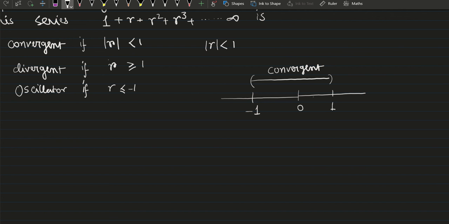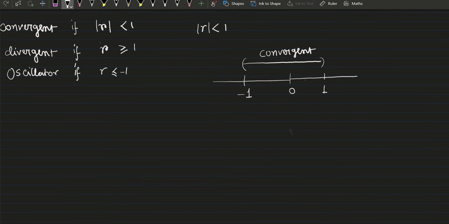This sign means that we should not take the values -1 and +1; we exclude the points -1 and +1.